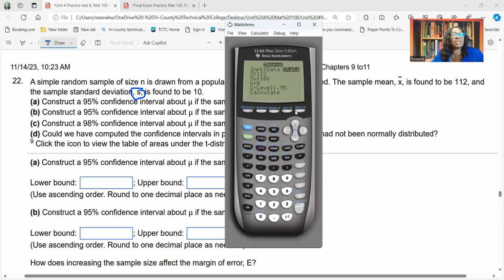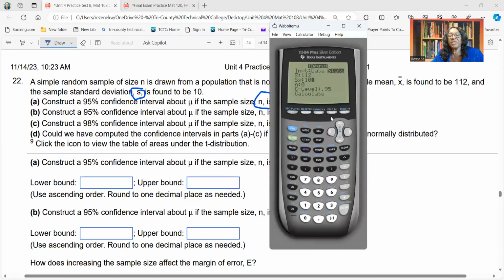What is the sample size given to me? What is the sample size in the first one? Sample size is 15. So you can go ahead and do your confidence interval. Then what is the level of confidence? 95. I will calculate.